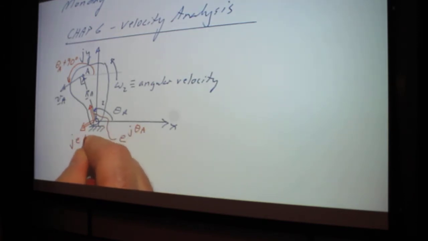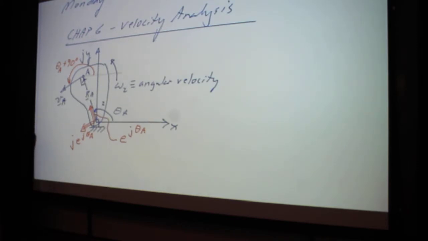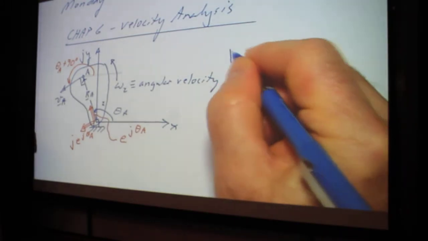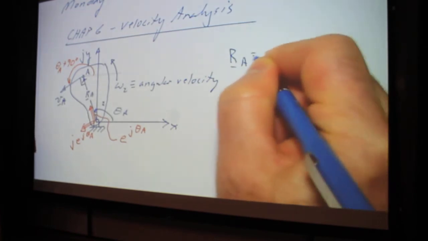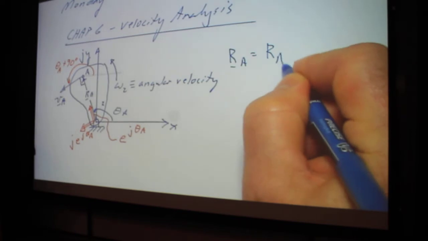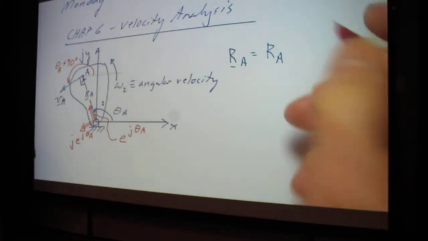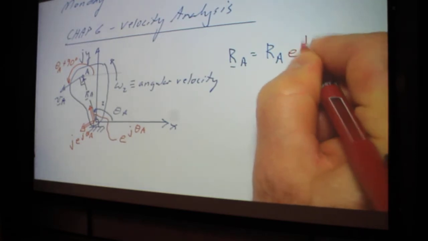So it's j e to the j theta A. That's the unit vector on that right there. So I can write that RA equals RA, just the magnitude with no line under it, multiplied by e to the j theta A.